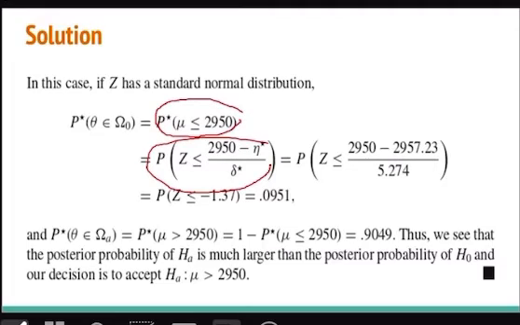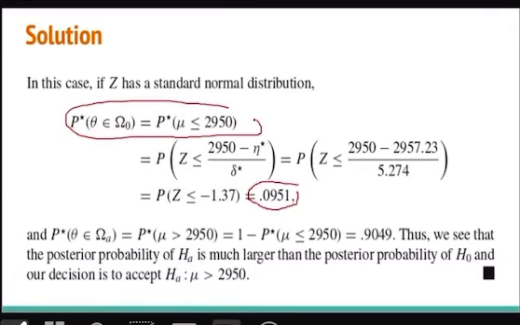So now, I'm just going to check from the Z table. After solving from the Z table, what do I have? This is the probability for the null hypothesis. Then I'm going to do the same for the alternative. Don't forget the alternative is saying greater than. So for greater than, it's just going to be 1 minus the one in the table.